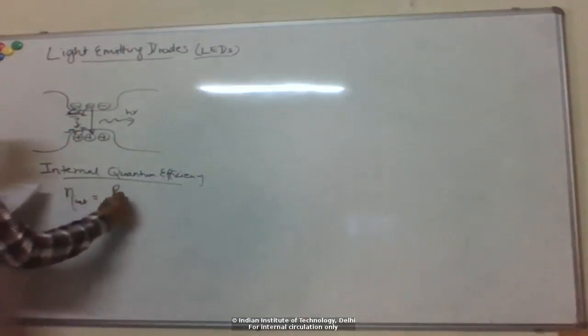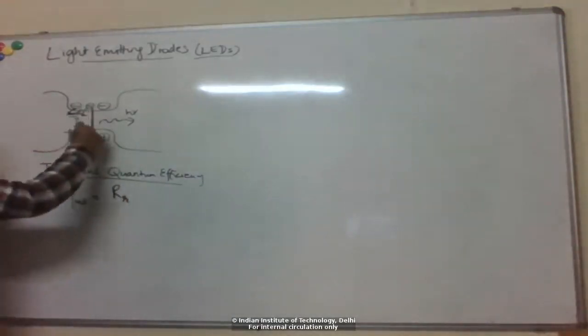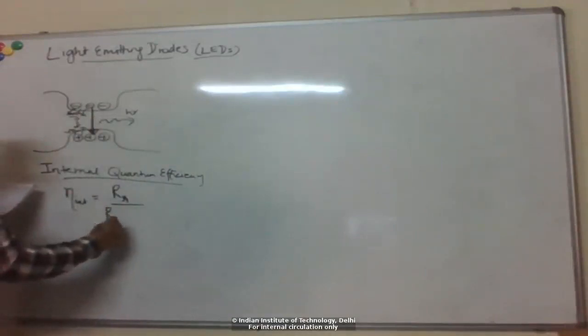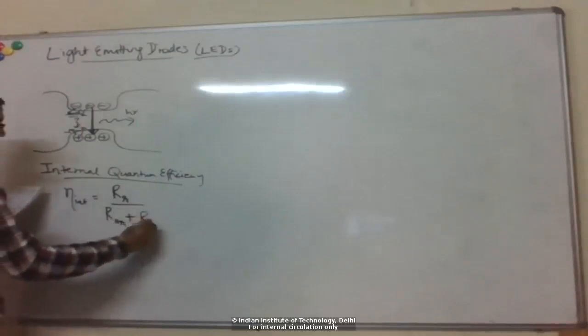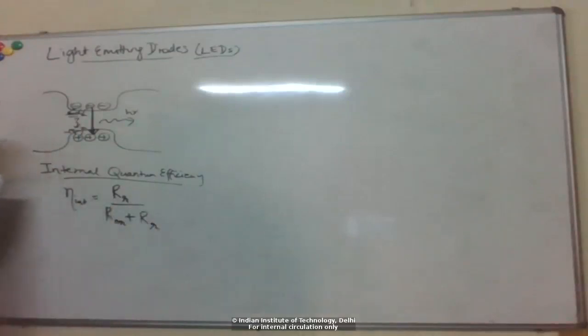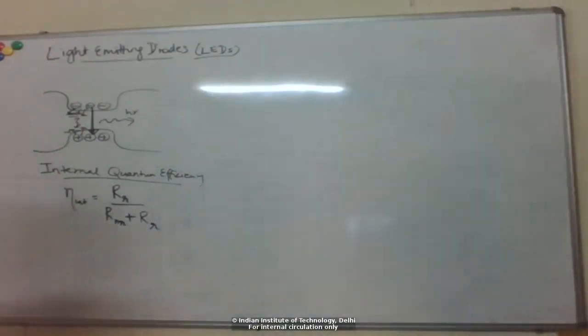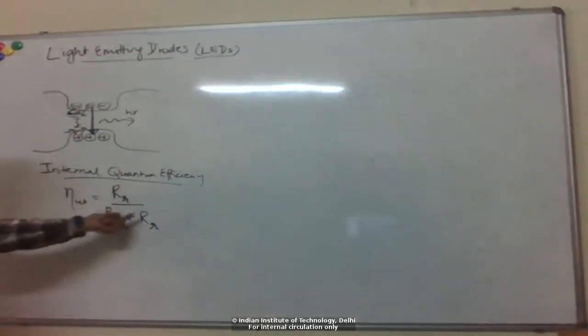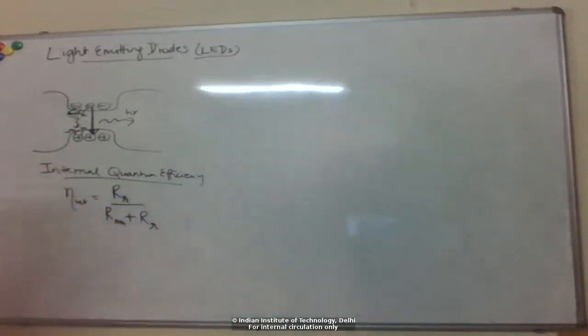It's the radiative rate, the rate at which the carriers recombine to emit light, divided by the total recombination rate, which we can write as a non-radiative rate plus a radiative rate. It's basically the fraction of charge carriers which combine through radiative means. Of course you want this number as high as possible. The maximum this number can be is 1, so you want this as close to 1 as possible for a good efficient device.